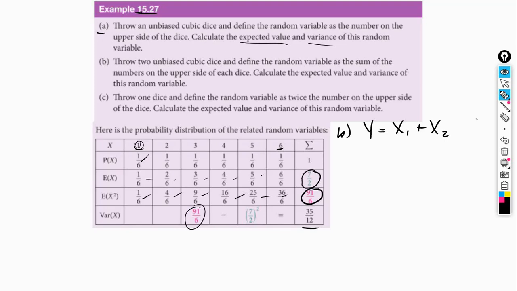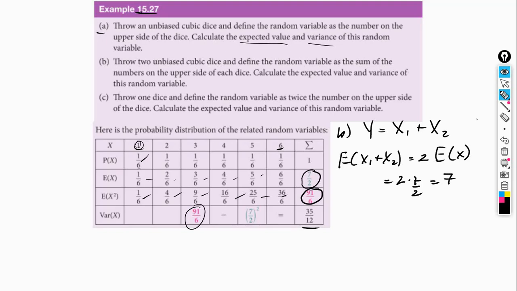So we would have that the expected value of x1 plus x2 is just going to be 2 times the expected value of x. In other words, 2 times 7/2, which is going to be 7.